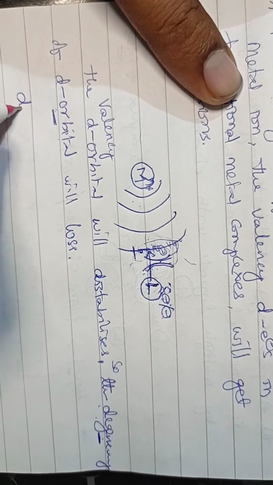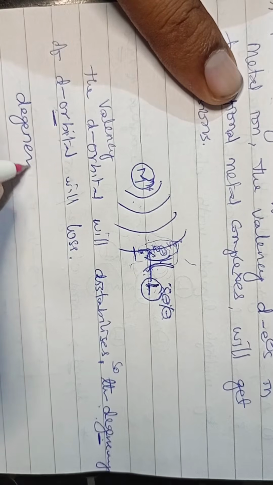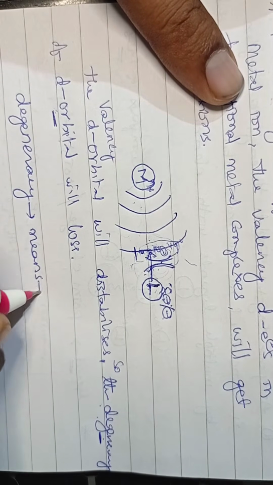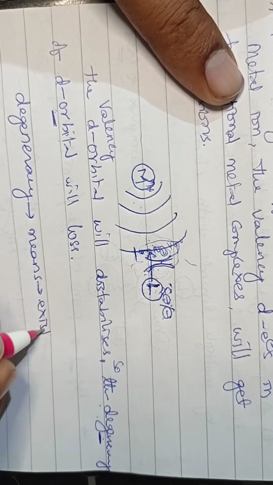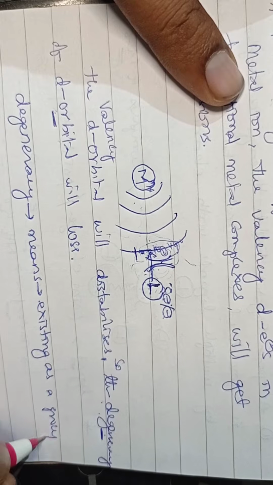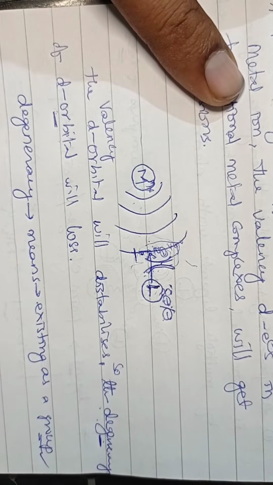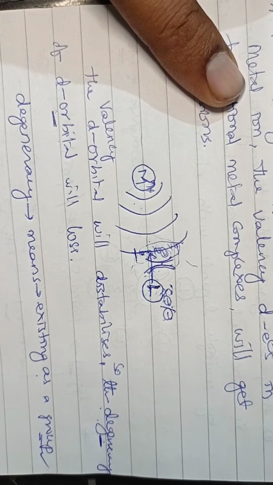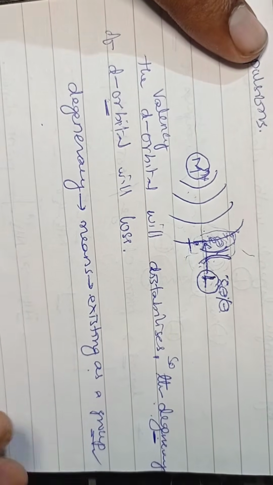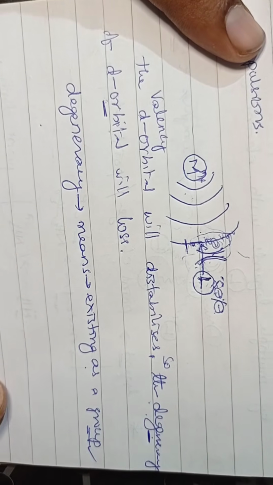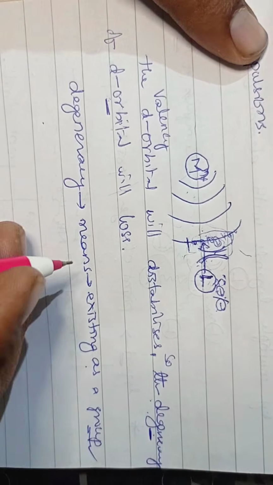What does degeneracy mean? It means existing as a group, right? Degeneracy is nothing but existing as a group. We can give multiple examples for degeneracy.